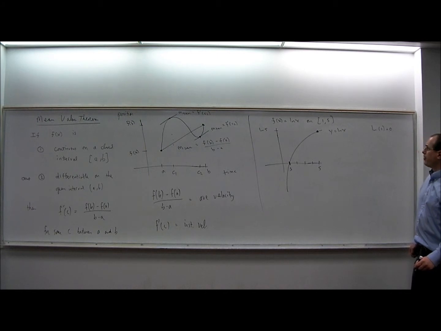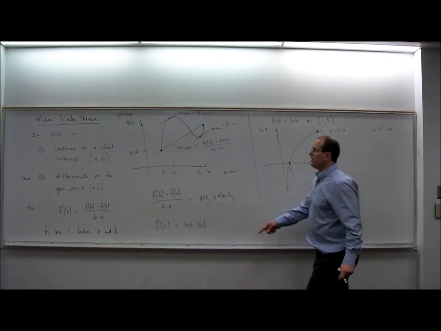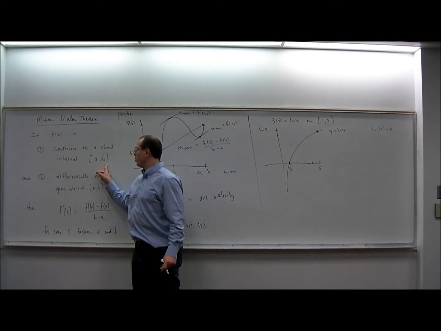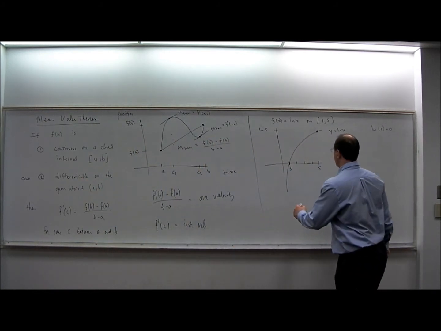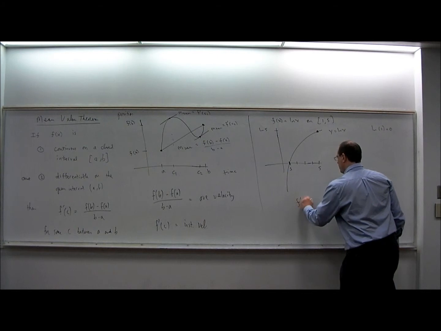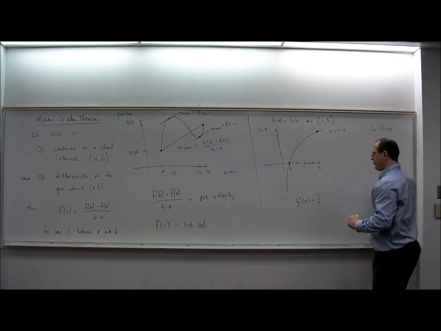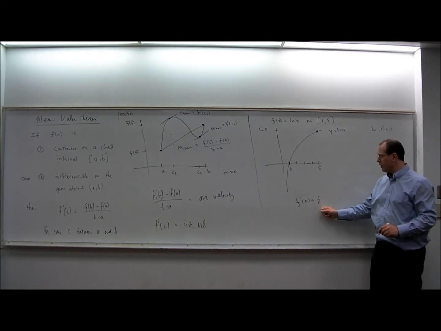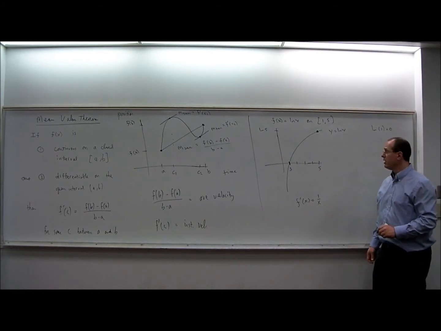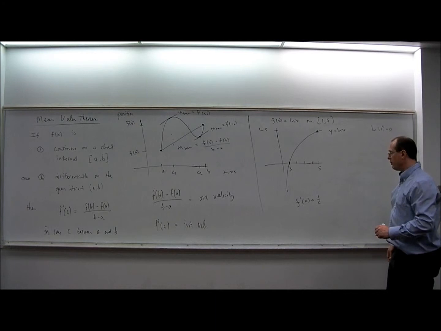So the function is nice. It's continuous on the interval from 1 to 5, and it's also differentiable on the open interval 1 to 5. The derivative, of course, is 1 over x, and that exists for x between 1 and 5. The only problem with the derivative is that x equals 0, and we're safely away from 0.